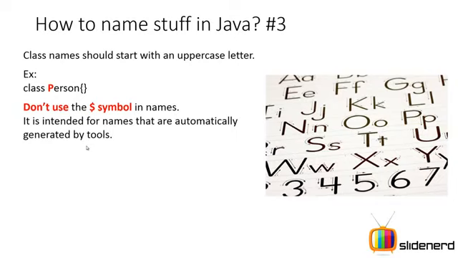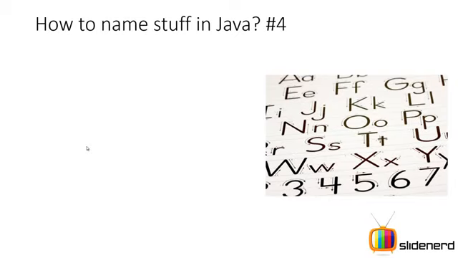When you write code that uses the dollar symbol, people think that it was made by a program, not by a human being. So don't use the dollar symbol, even though it is perfectly legal to use it. Remember, the compiler is not going to give an error on this. It is us, by following conventions, who make sure that code becomes readable and understandable to others.